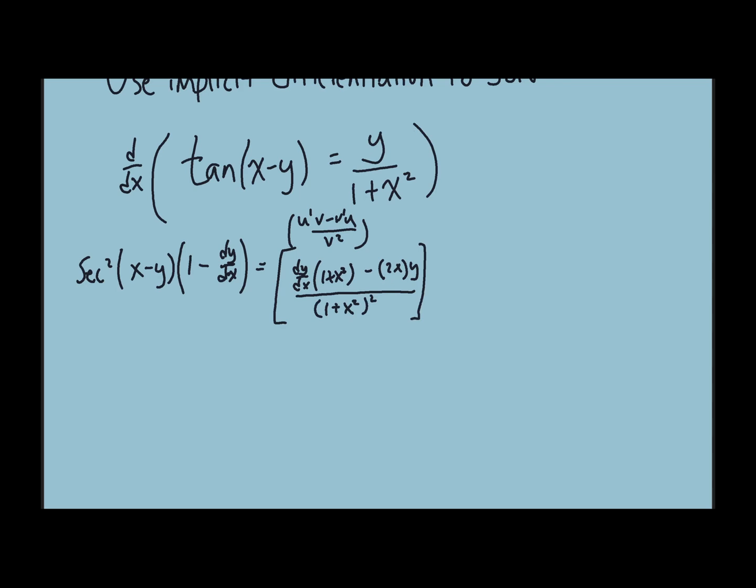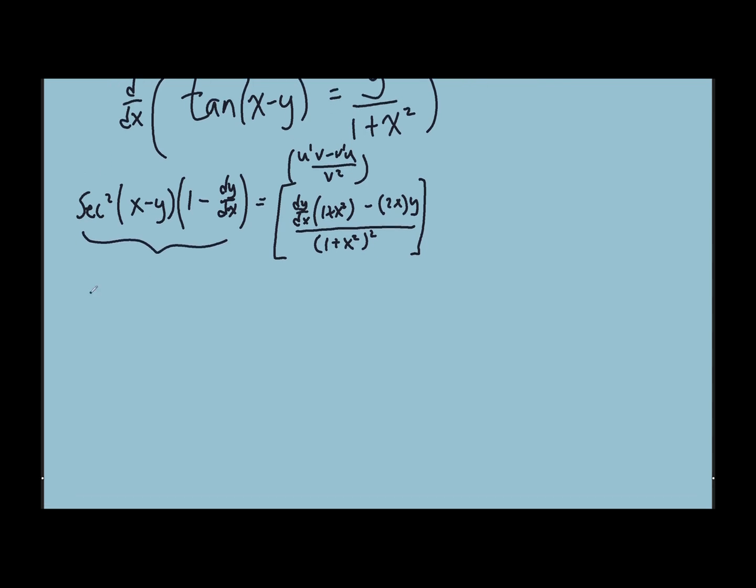It doesn't look like it's going to be easy to isolate any of this, so I think we'll expand out this group here first. So I'll write it as secant squared (x minus y) minus dy dx secant squared (x minus y).